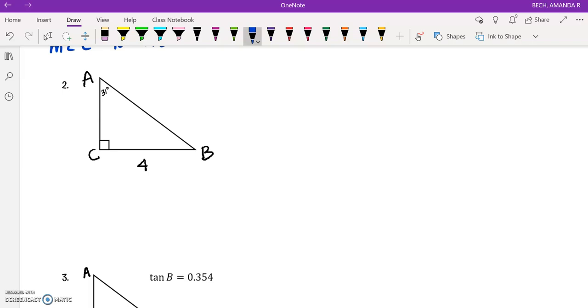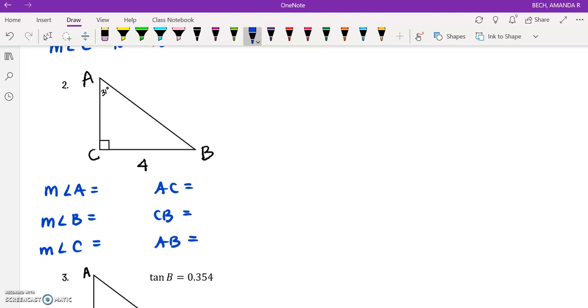We're going to do the same thing where we make a place to keep what we know organized. We know that CB is equal to 4, the measure of angle C is 90 degrees, and we are given the measure of angle A, 31 degrees. So we have one angle and two sides left to find.